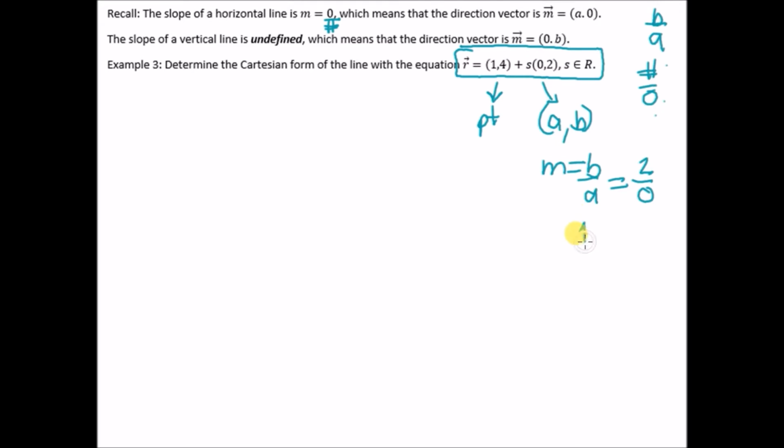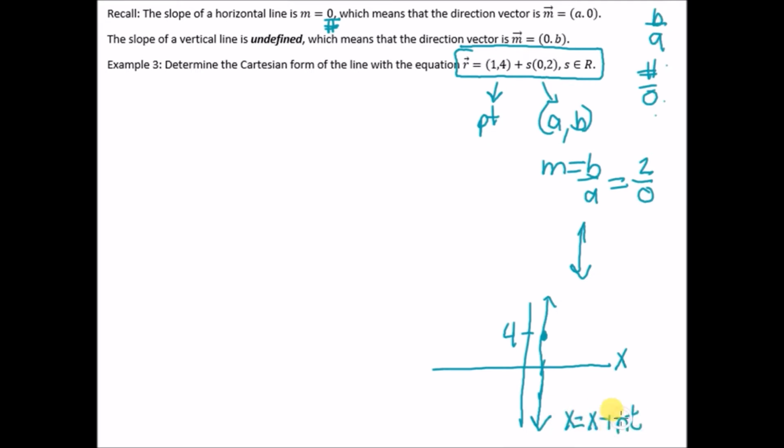The slope is undefined, so this is a vertical line that passes through the point 1, comma 4. It's going to look like this. Remember, vertical lines take on the form x equals whatever the x-intercept is, so this one is x equals 1. Bring this over, and we have x minus 1 equals 0, and that is the Cartesian form of this line.